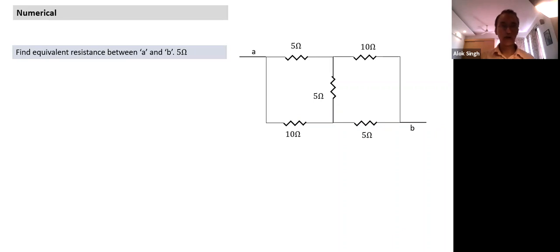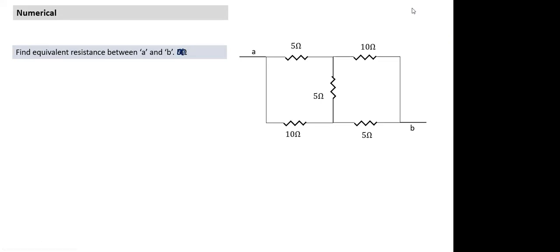Coming to this question, all of you look at the question. Just forget this part. I have to find the equivalent resistance between A and B. We did something in the case of capacitor, symmetry. Is this a Wheatstone?